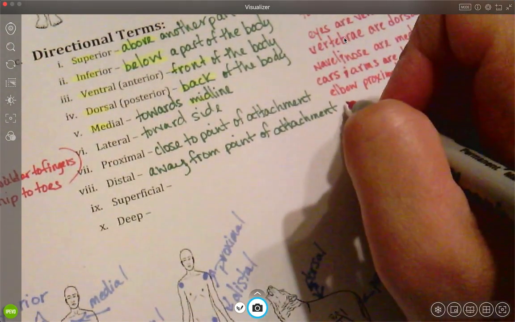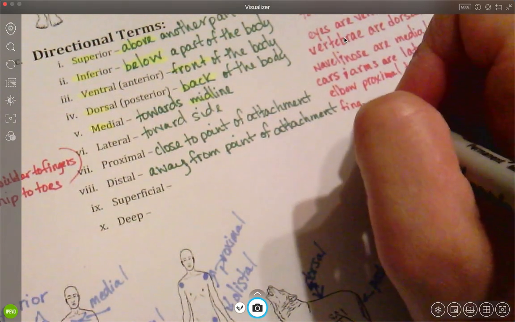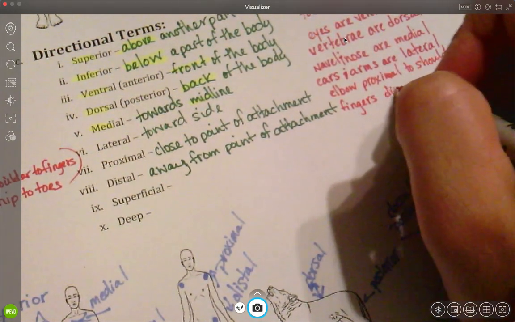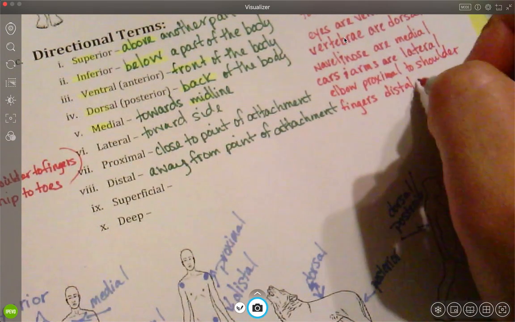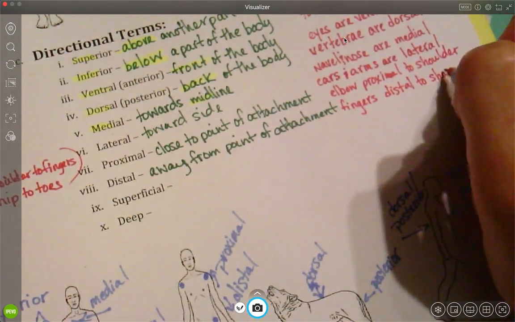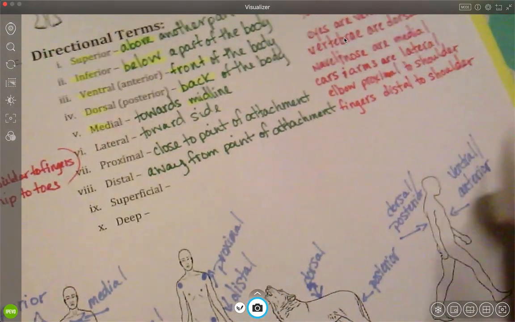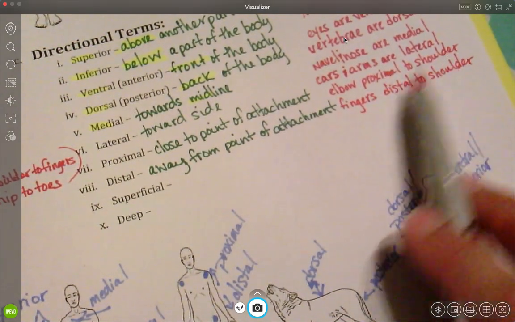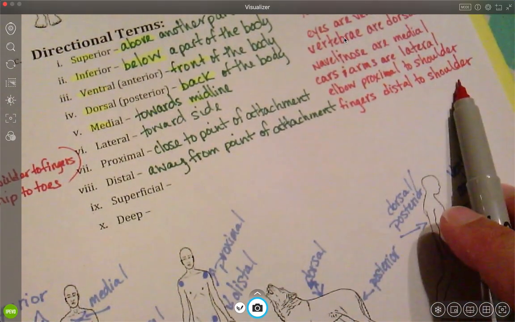I would say that my fingers are distal to my shoulder. So my elbows are close to my shoulder, where my fingers are far from my shoulder.